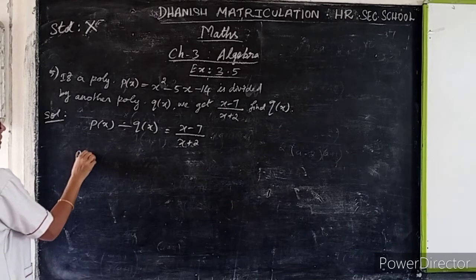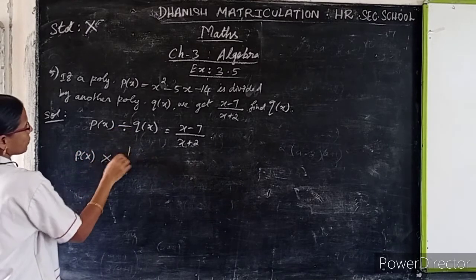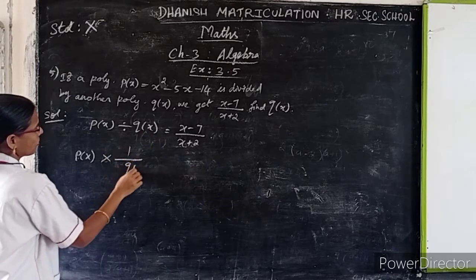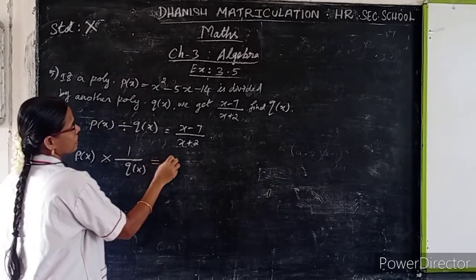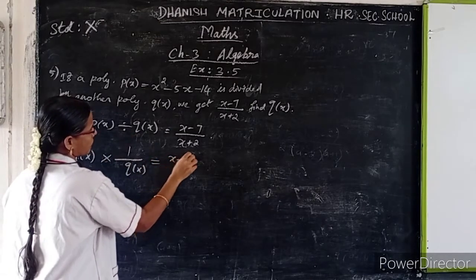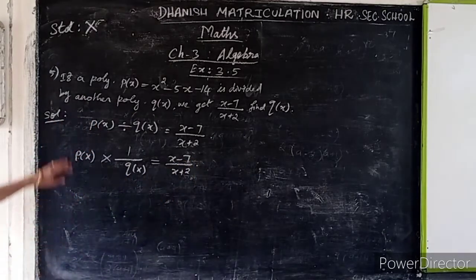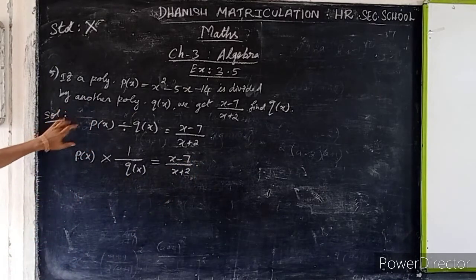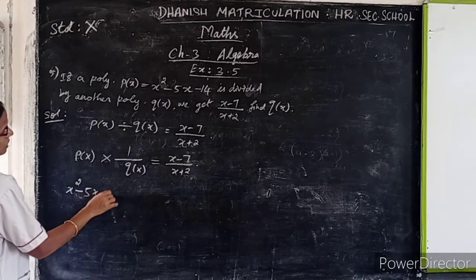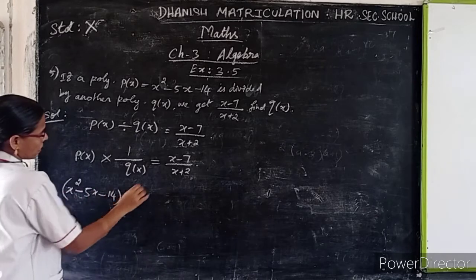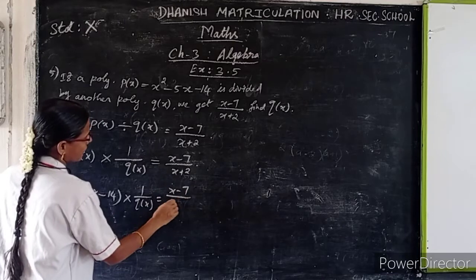So p of x divided by q of x means put into, then put the reciprocal for q of x. Reciprocal of q of x is 1 by q of x. P of x is x square minus 5x minus 14, into 1 by q of x, equal to (x minus 7) by (x plus 2).